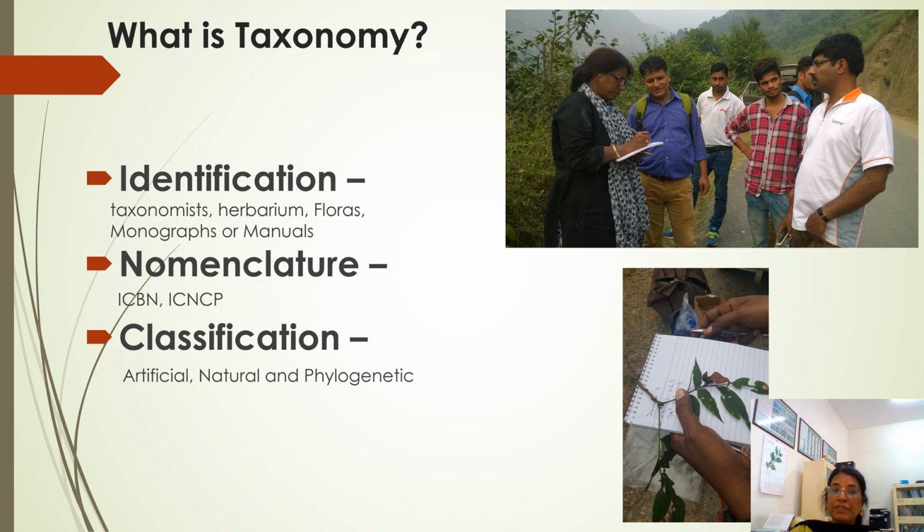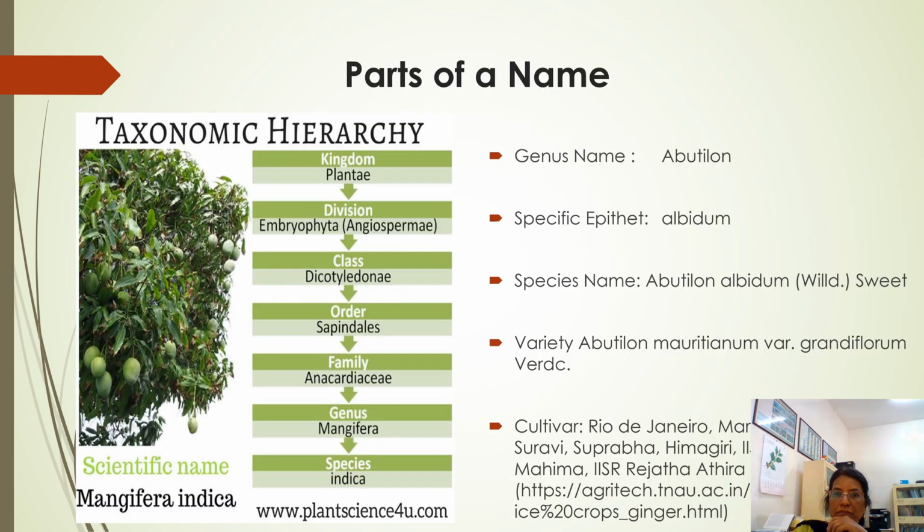The other component of taxonomy is nomenclature and classification. Generally, if one has to describe a plant name, it has to have two parts, that is genus and specific epithet. Usually, a genus has the first letter capital, followed by all small letters, and the specific epithet is all small letters.